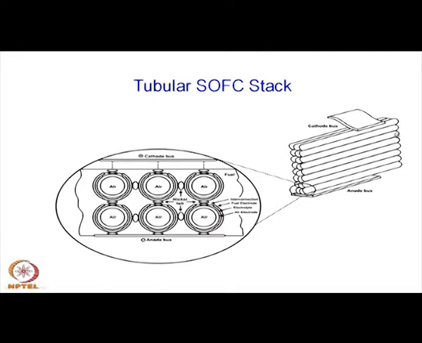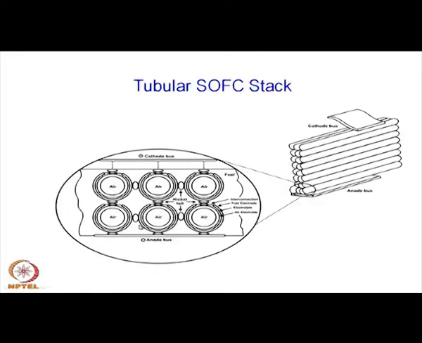There will be manifolds for gas inlets as well as outlets from one of the ends, because these are normally closed end tubes. So, gas has to come from the other side and then go outside. Those manifolds have to be put in place.